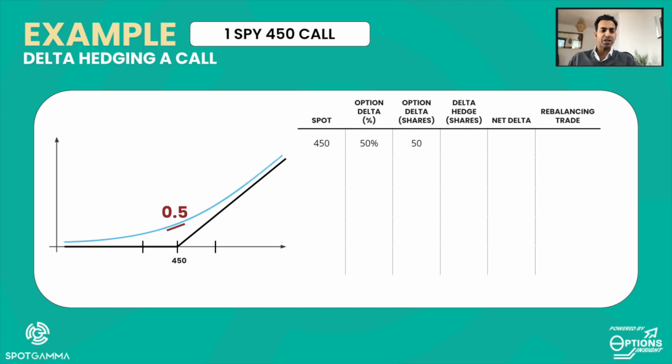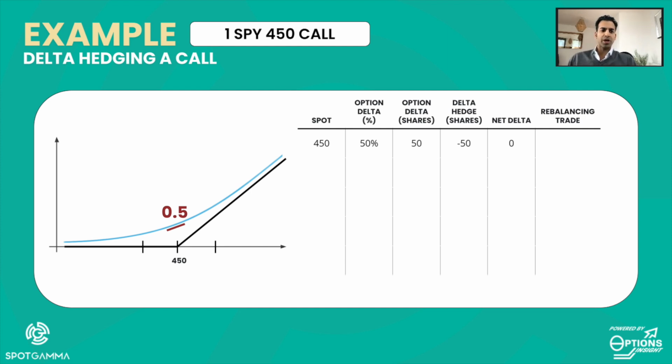The delta hedge that we would need, as we've just discussed, would be a short position of 50 shares of SPY. The net delta is just the sum of these two, which would be 0 because we are delta hedging the position. And then we'll go on to the rebalancing trade in the next part. So you can see that is our static and initial hedge to being long one of the SPY 450 calls.